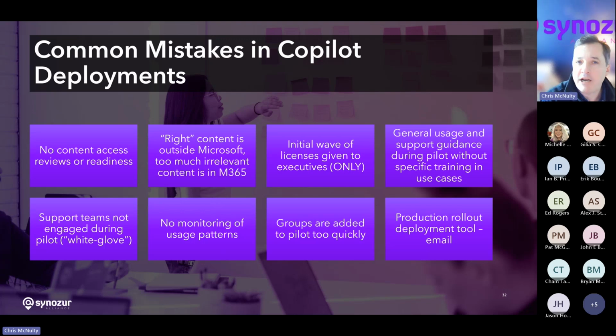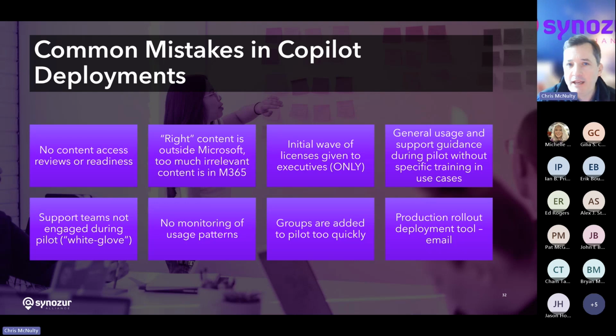The training is non-existent, the usage is spotty, there's no policing of what content it's reasoning over, is it the right content or not? And after 3 months of letting the executives play with it with varying degrees of success, all the licenses get bought, and the tool that's used to run the rollout is email, announcing, ta-da, March 1st, you all have Copilot and good luck.